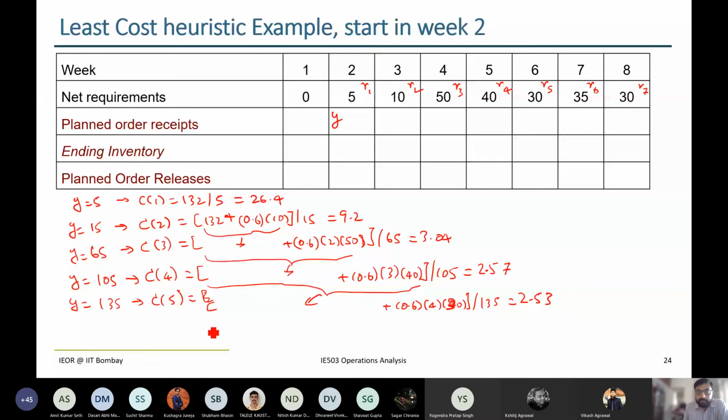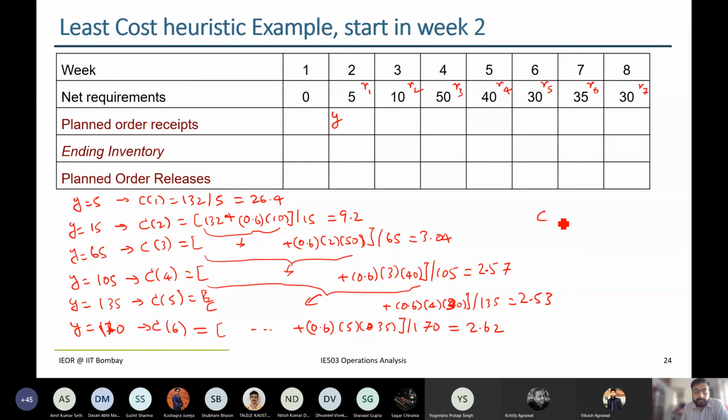Suppose y is 160 plus 35, so it's 170. Suppose y is 170, I produce for 6 periods. I write the expression plus 0.6 into 5 into 35, divided by 170, which comes out to be 2.62.